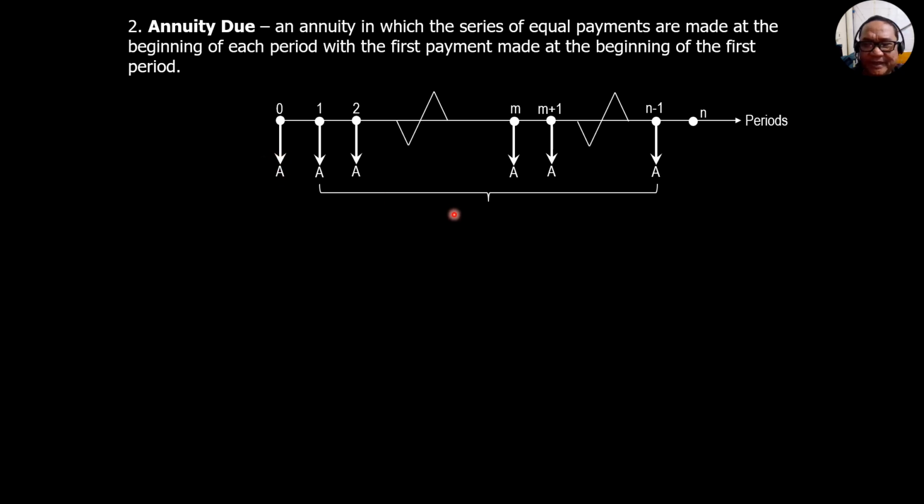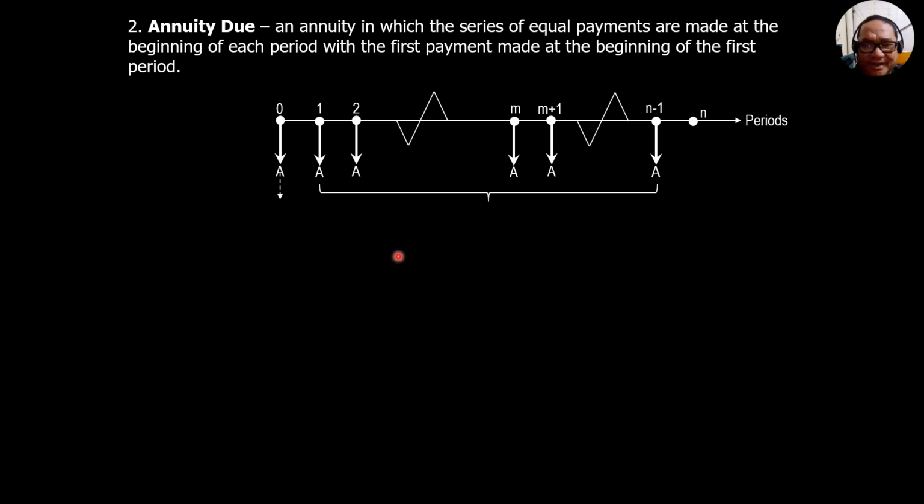Therefore, if we derive the present worth, then the present worth formula can be used for ordinary annuity, and we'll just replace n by n minus 1. So negative n becomes negative quantity n minus 1. But we have to add A here because that A is occurring at the present.